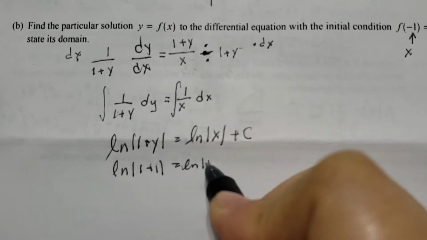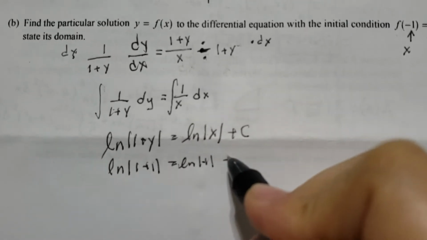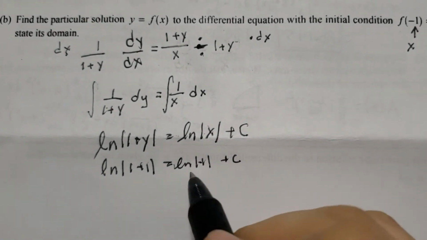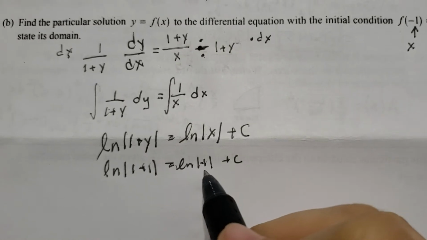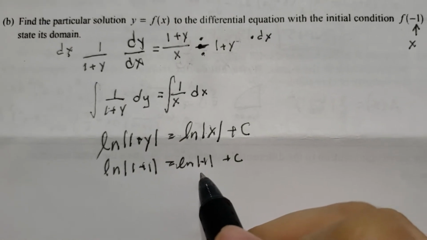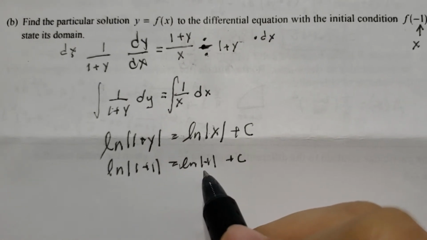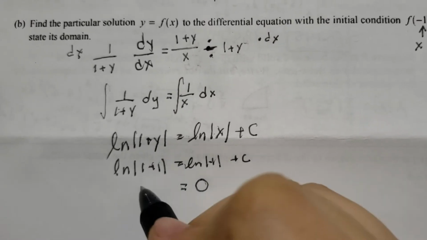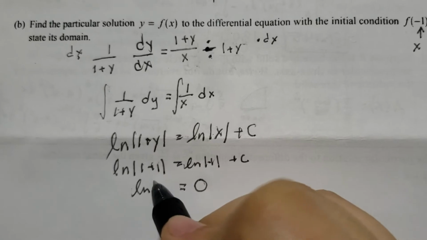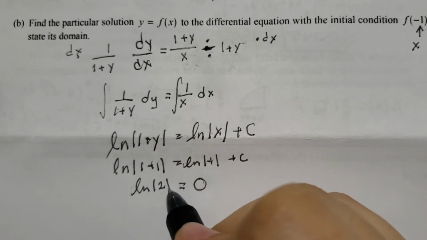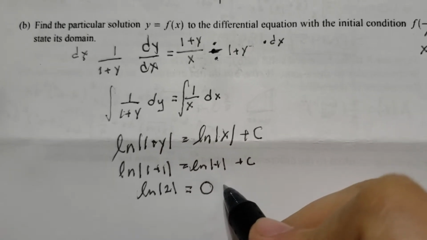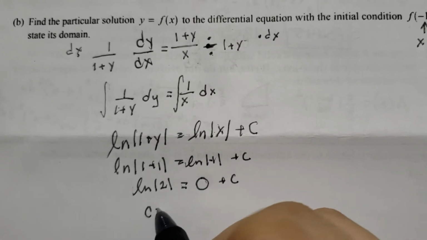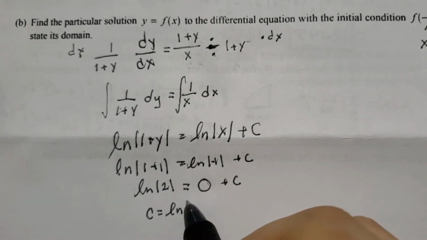Oh, negative 1. Okay. So that negative 1 is actually just positive 1 because it's absolute. And the natural log of 1 is always 0. Okay. So it looks like c is the natural log of 2.